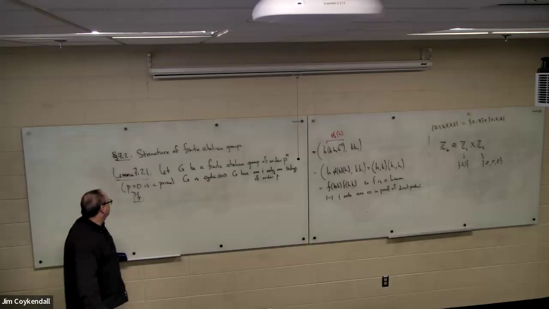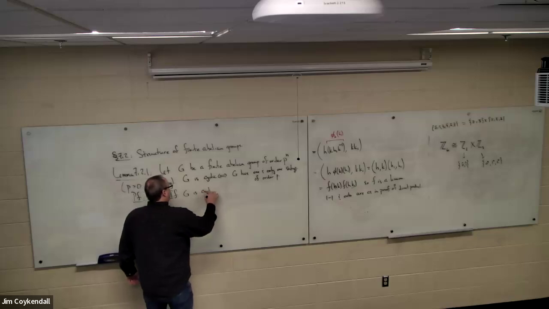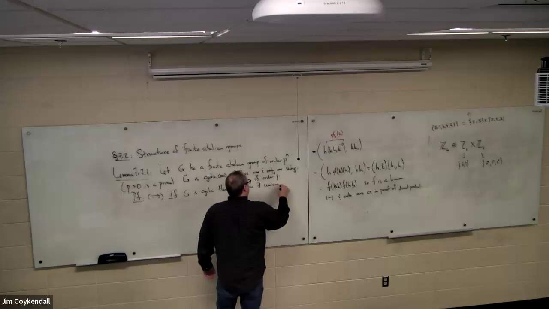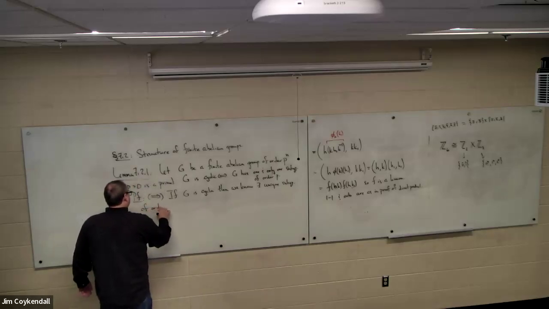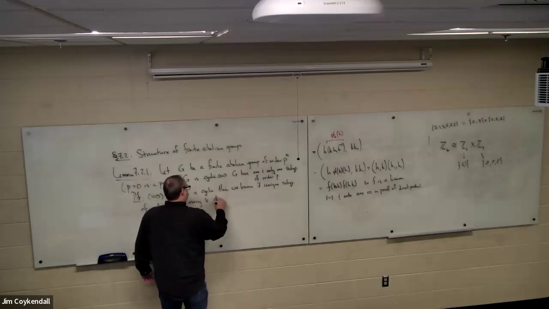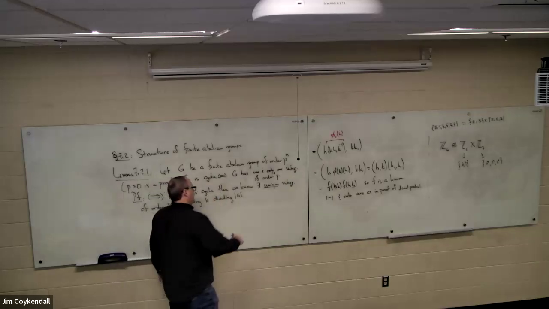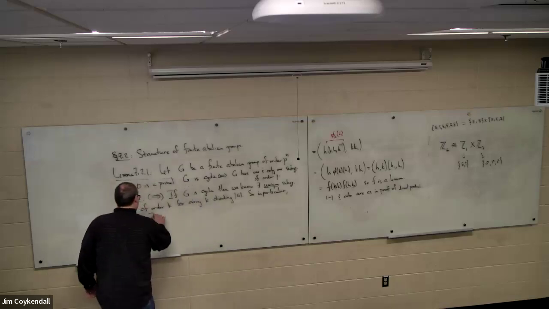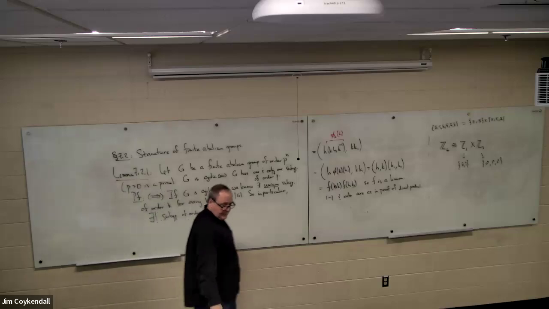So let's start to prove this. If G is cyclic, then we know there exists a unique subgroup of order K for every K dividing the order of G. Okay, so in particular, there exists a unique subgroup of order P. Okay, well, there's one dragonfly right there.